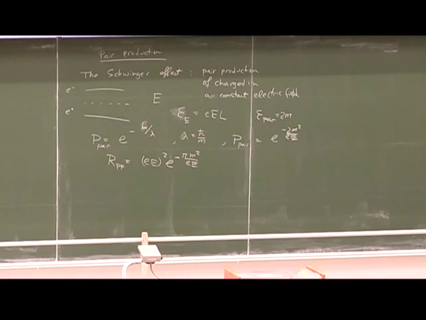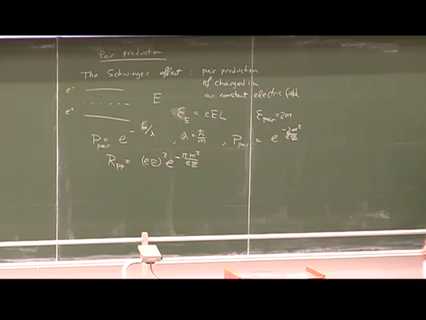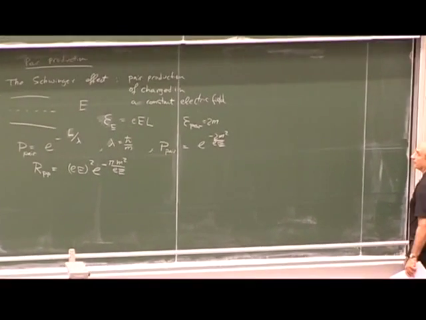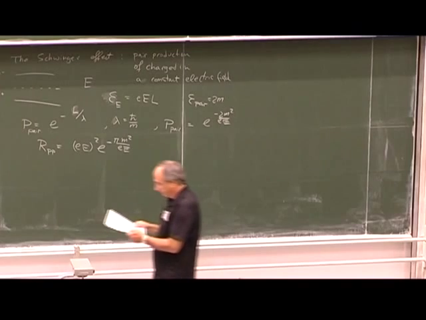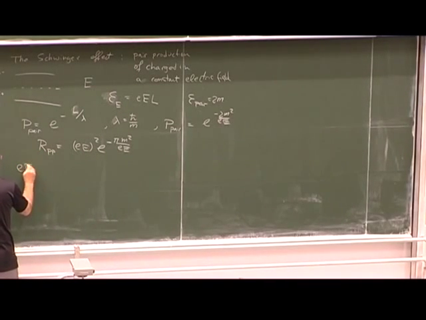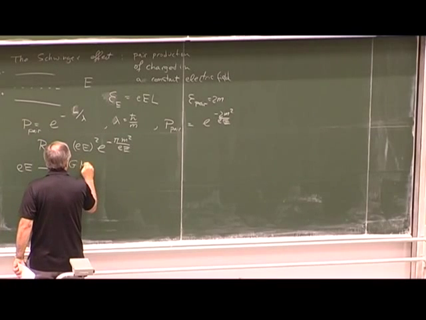So now we can repeat this heuristic calculation for pair production in a gravitational field. Okay? And the way we do it is we convert the electric force to the gravitational force. So in this case, G m black hole, divided by r squared.